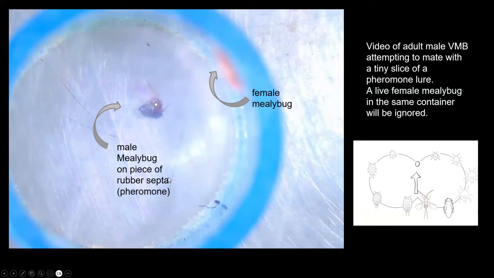And we've got the male mealybug spending 2 hours trying to copulate with this rubber septa. Nathan Mercer took this video. We've got a virgin female mealybug up here, and this adult male ignored that female mealybug until she bumped into it, and then it mated and then went back to the rubber septum.